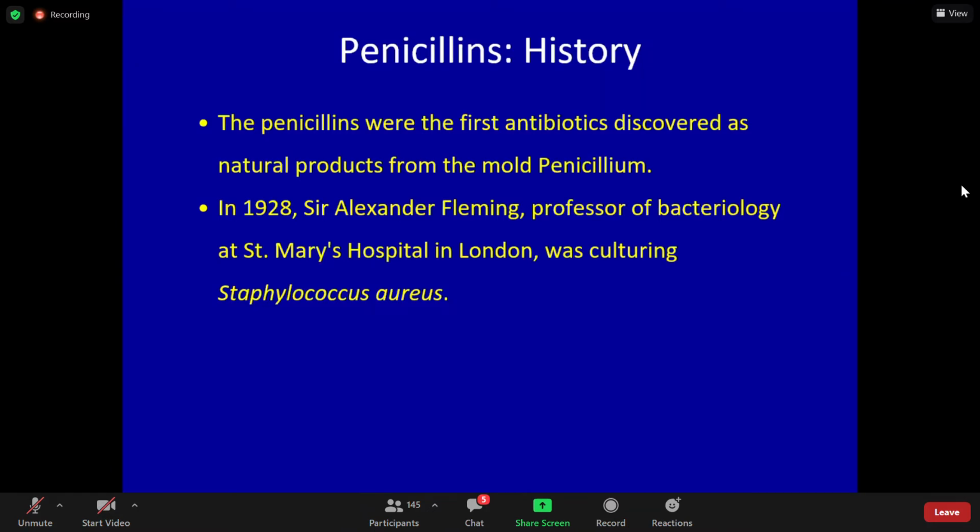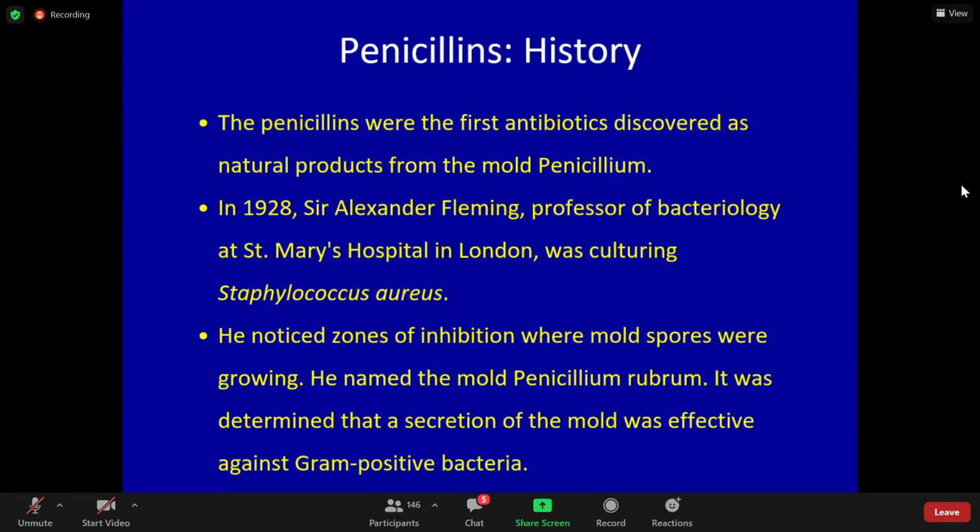So there is something which is preventing the growth of bacteria in the petri dish. He found out the culture plate was contaminated with a mold, and from there he thought that something present in this mold was inhibiting the growth of other bacteria, Staph aureus. So he isolated a drug and called it penicillin. Did you find this? This is an incidental finding.